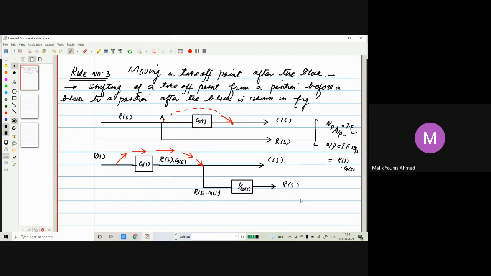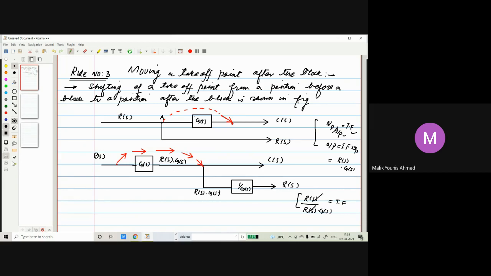Transfer function is output by input, that means R(s) divided by R(s)G(s). So R(s) and R(s) get cancelled, and it's 1/G(s).